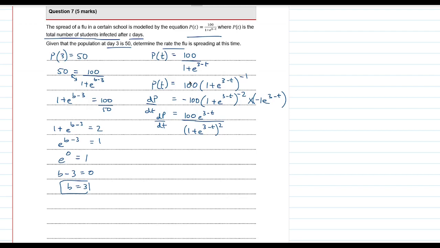And we want to find this for when t equals 3. So let's sub in t equals 3. That's 100 e to the 0 over (1 plus e to the 0) all squared.